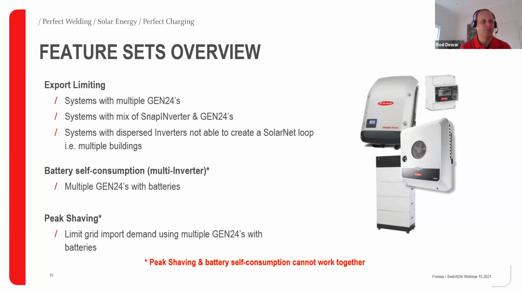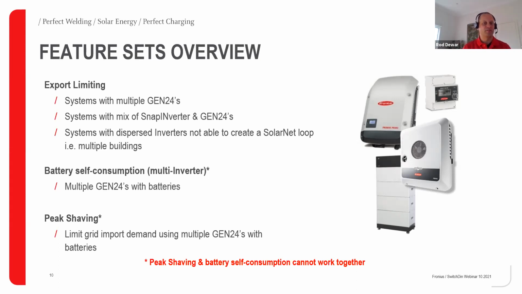Also with systems which are distributed or dispersed on various buildings, it can be used as well. In the case of the Snap inverters where you can't actually solar net or daisy chain the inverters together, this is where the Droplet can come in and work on buildings like that. It gives you an overall site export limiting function.